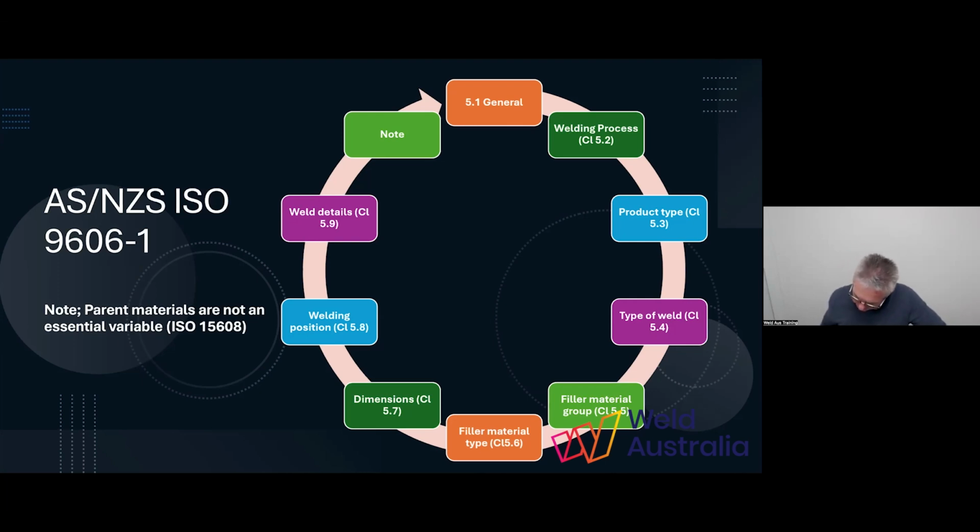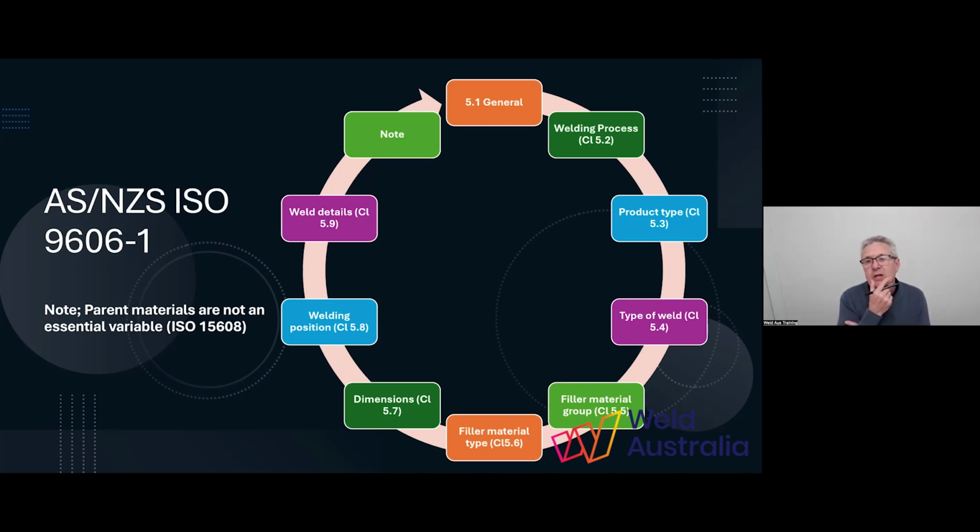So basically it's saying the qualification of welders is based on essential variables. For each essential variable, a range of qualification is defined. And then if the welder has to weld outside the range of welder qualification, a new qualification test is required. These are the essential variables. So we've got welding process. Naturally, whatever welding process is used, it'll only be qualified in that.